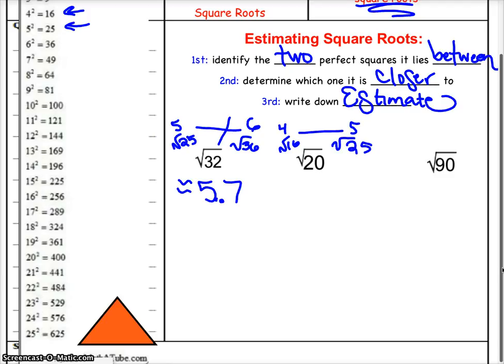Now, where does it stand between them? It's 4 away from 16, 5 away from 25, so it's kind of right in the middle, isn't it? Maybe like 4.4. So I would call this like 4.4.